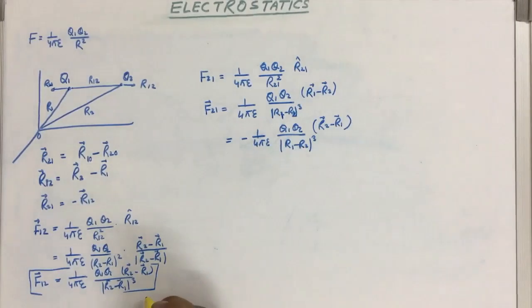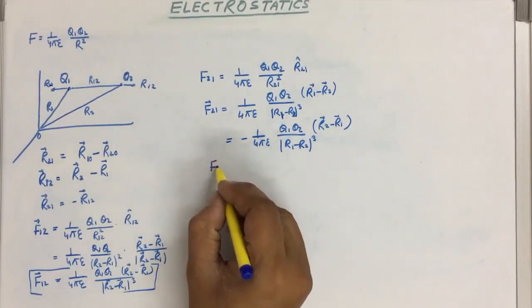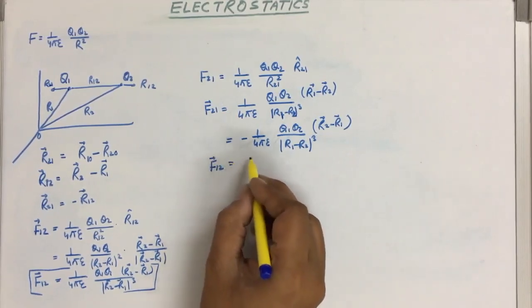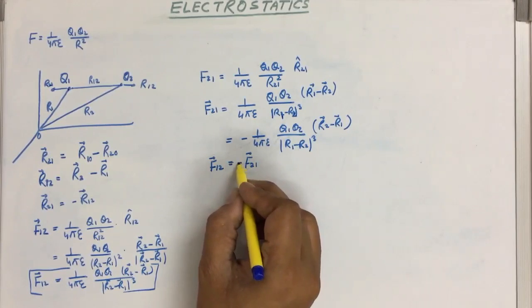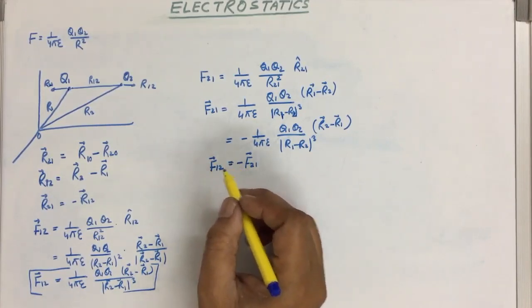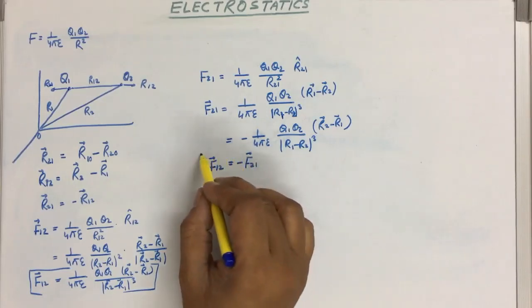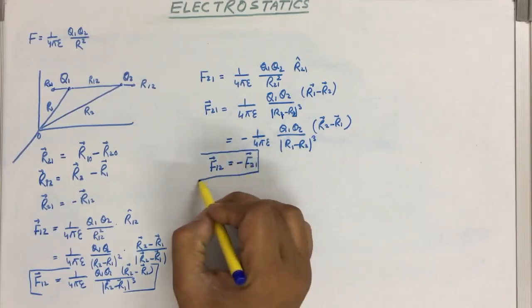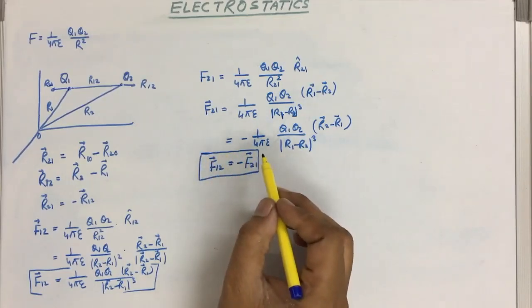Relating this with the previous one, we find that F12 and F21 are of opposite nature. So what is this? This is Newton's third law.